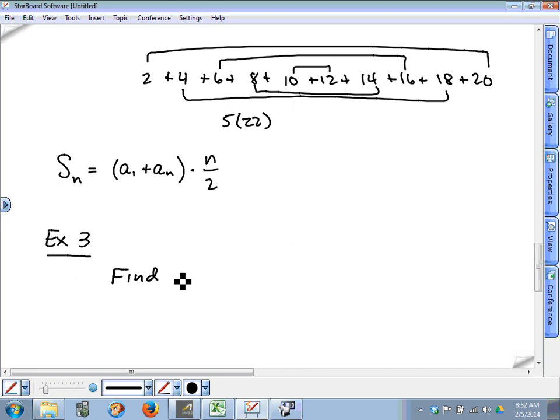Find the sum of the first 50 odd numbers. So the first 50 odd numbers.